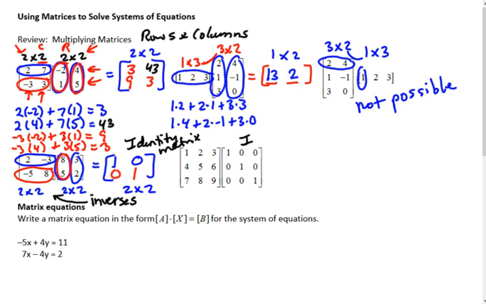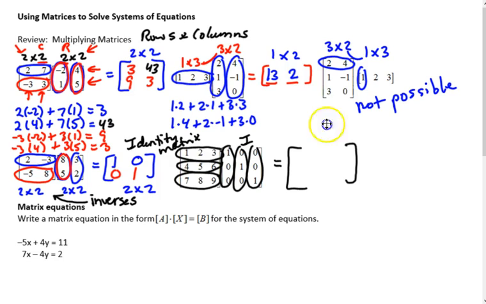If I multiply an identity matrix times a matrix, what happens? I'm going to do those 3 rows times these 3 columns. It's a 3 by 3 times a 3 by 3, so I get another 3 by 3. So I do 1 times 1, 2 times 0, 3 times 0. That gives me 1. Then I do 1 times 0, 2 times 1, 3 times 0. I get 2. Then I do 1 times 0, 2 times 0, 3 times 1. I get 3. Notice that's exactly the same row that I had before. If I do 4 times 1, 5 times 0, 6 times 0, I get 4.